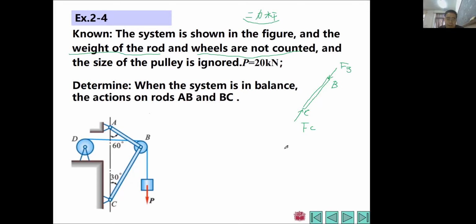Just along the orientation of AB, AB is also a two-force balanced link. Because this weight P acts through this rope or string along this pulley and this pulley, we can see this two-force rod will be like this.